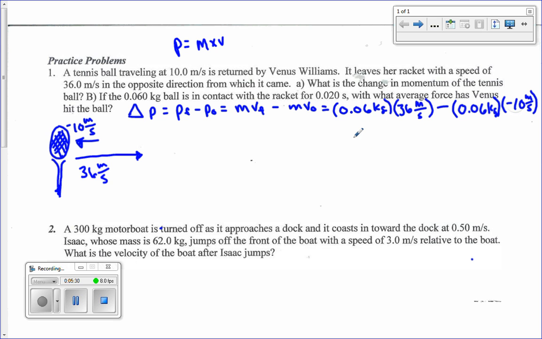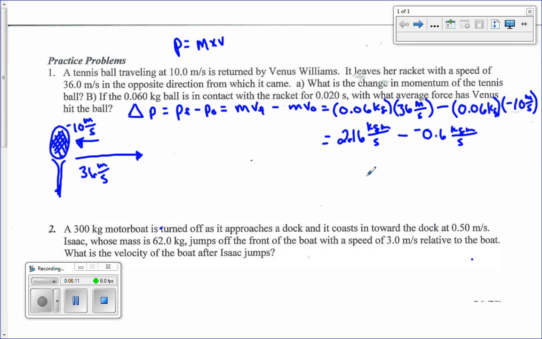If you multiply those together, you get 2.16. The SI unit for momentum is kilogram meters per second, minus 0.06 times negative 10 meters per second, and you get a negative 0.6 kilogram meters per second.